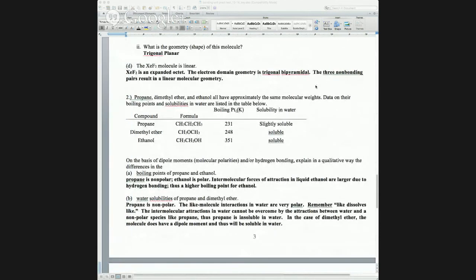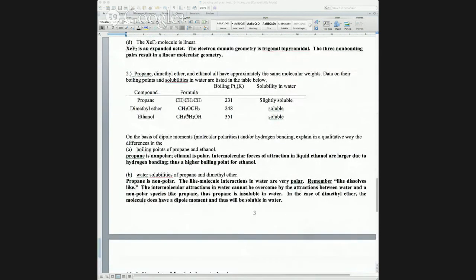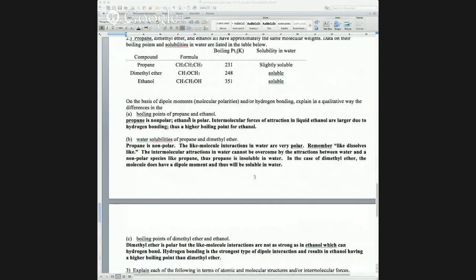You guys didn't ask anything about number 2. You have 3 molecules, slightly soluble, soluble, and soluble, and the boiling point gets higher and higher. Hopefully you can identify that propane has no oxygen.